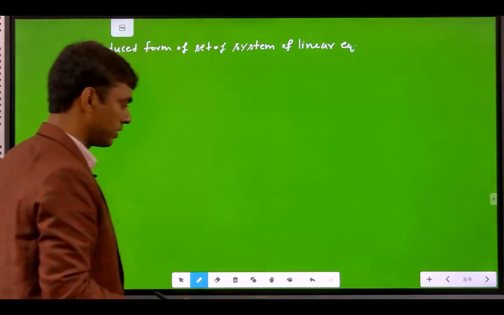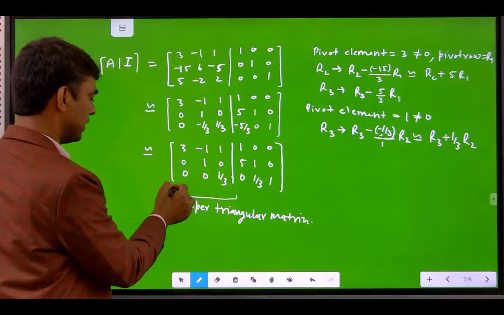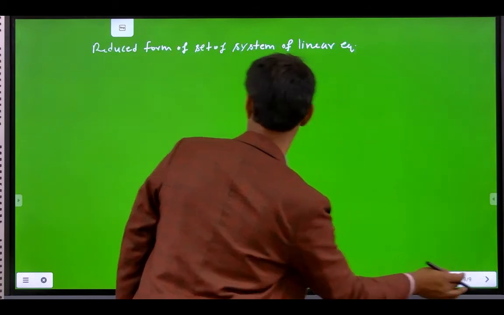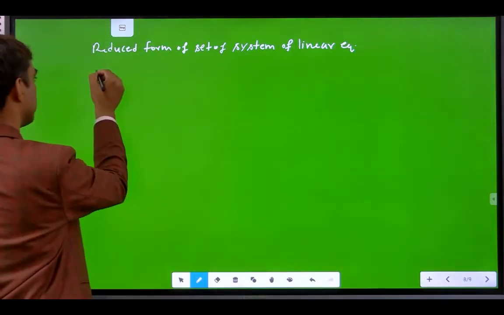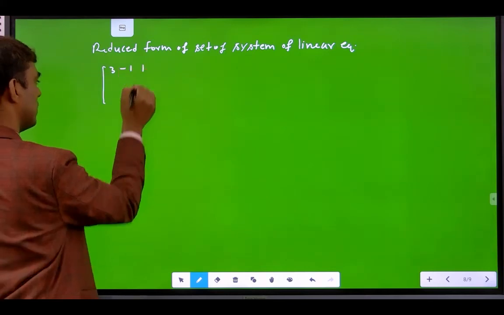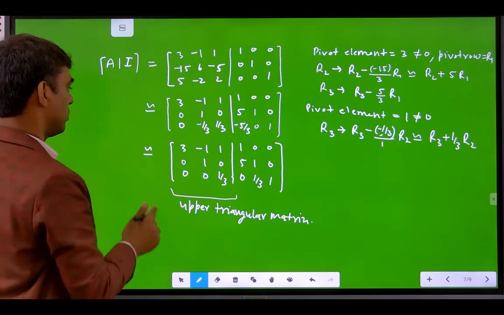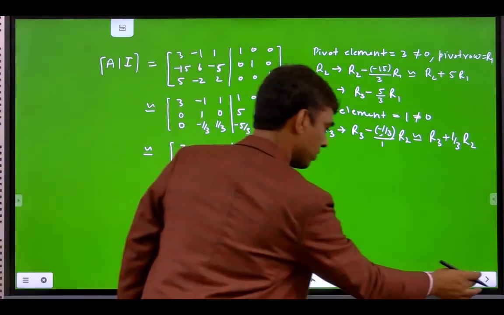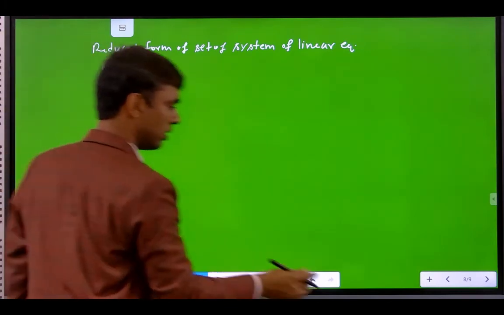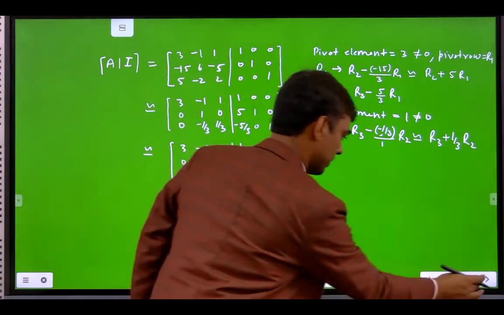So what is the reduced form? Here we write the first system of linear equations, with matrix A: the first row is 3, minus 1, 1, the second row is 0, 1, 0, and the third row is 0, 0, 1 by 3.